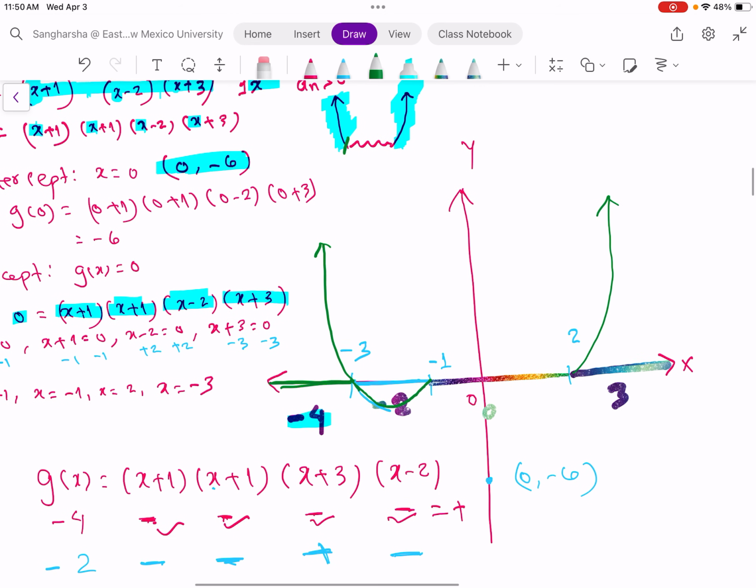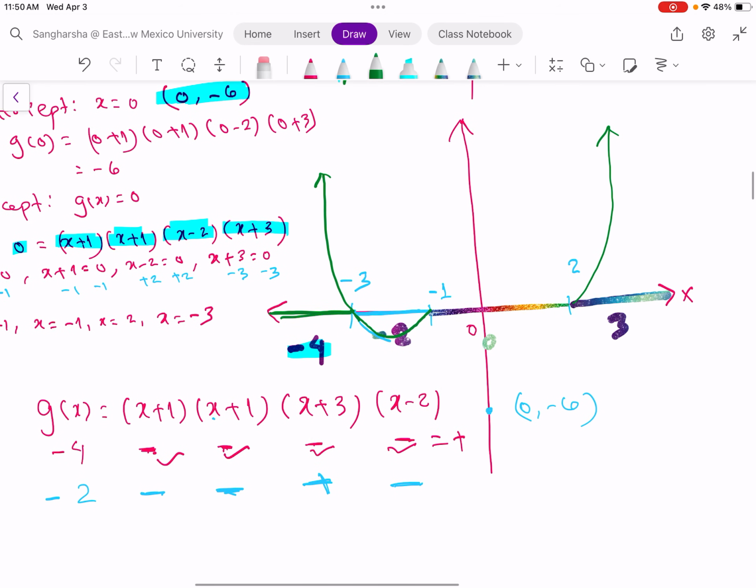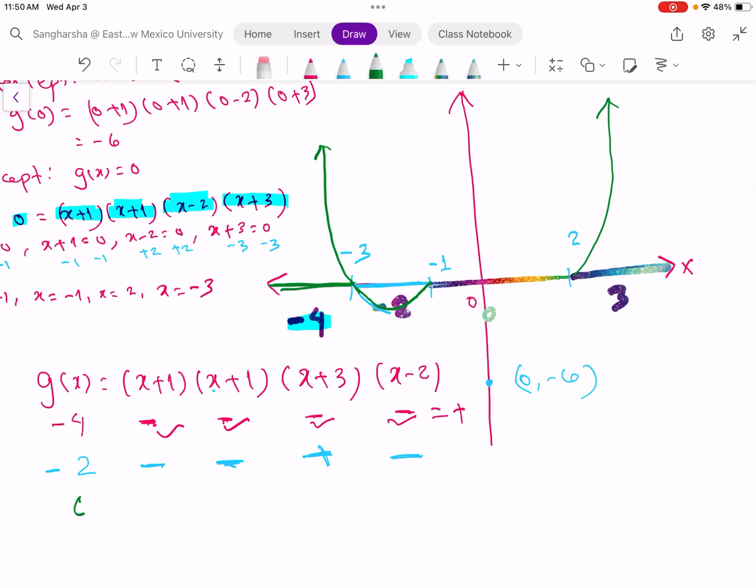Now let's choose 0. So when our x is 0, we are substituting for every x. 0 plus 1 is positive, 0 plus 1 is positive, 0 plus 3 is positive, 0 minus 2 is negative. So positive times positive times positive times negative is negative. It means our graph is below the x-axis.